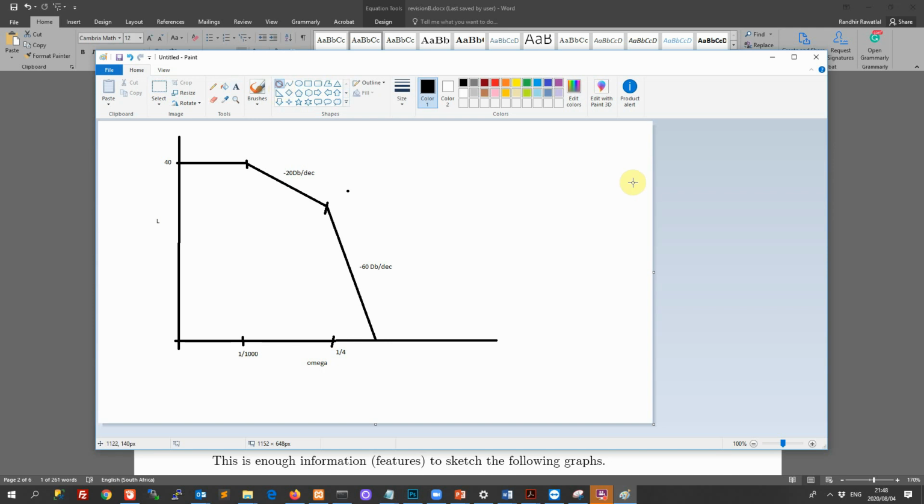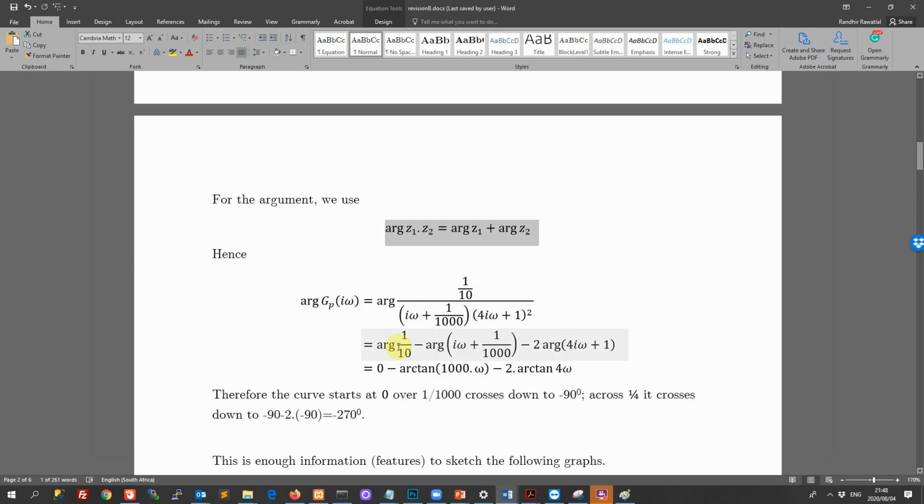So if we've got the complex plane like so, and if we've got a pure positive real number, so that's sitting somewhere there, then you can see we would be pointing from the origin to that number. So that's an angle of 0, right? If it's a positive imaginary number, then that would be an angle of 90. So for a positive real number, that's an angle of 0. So the argument of 1/10 is 0.